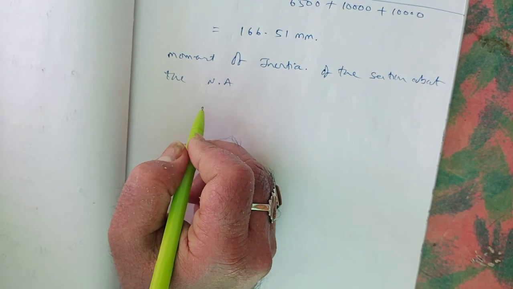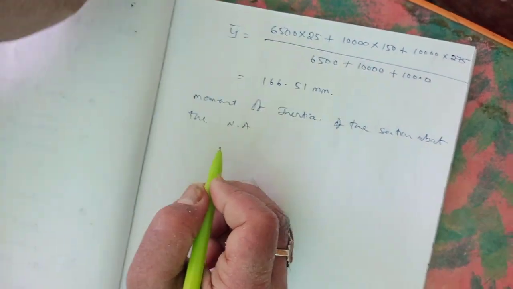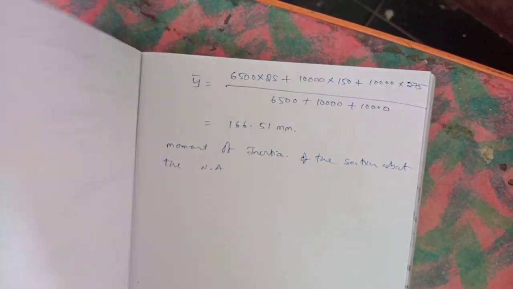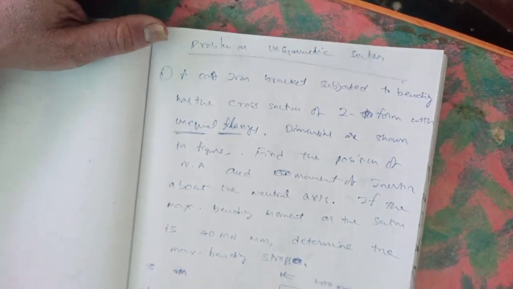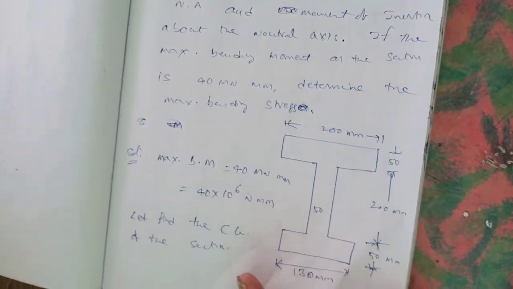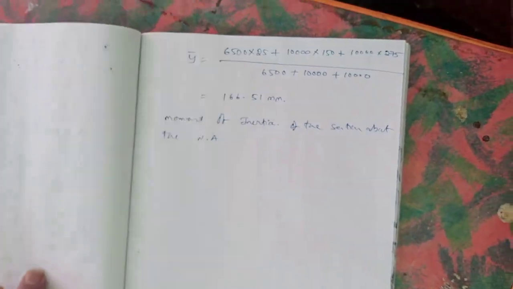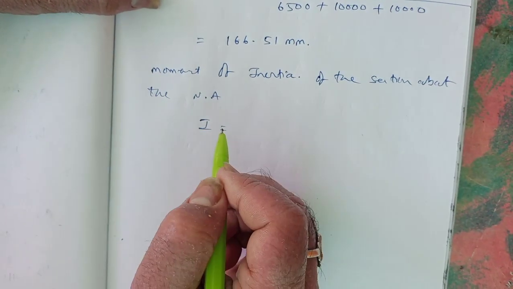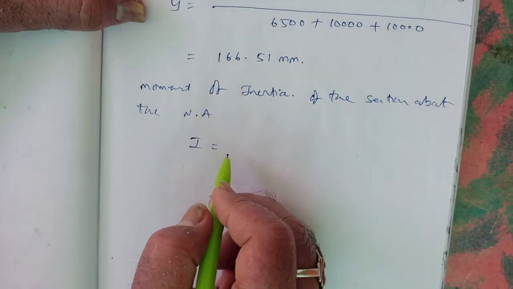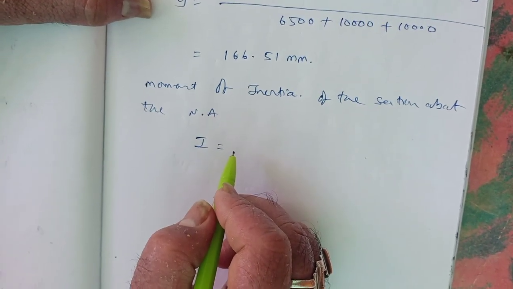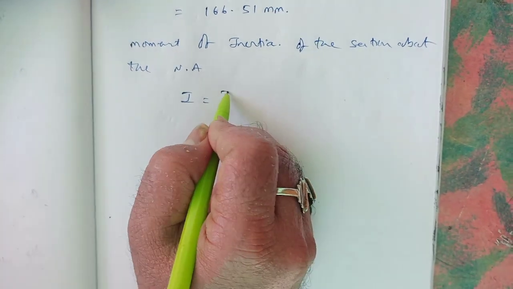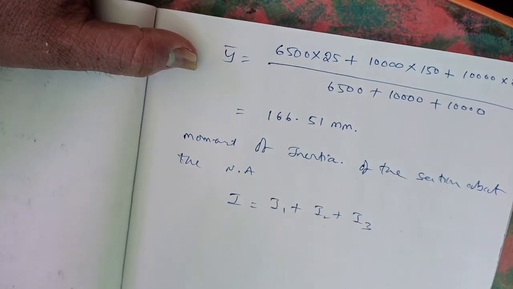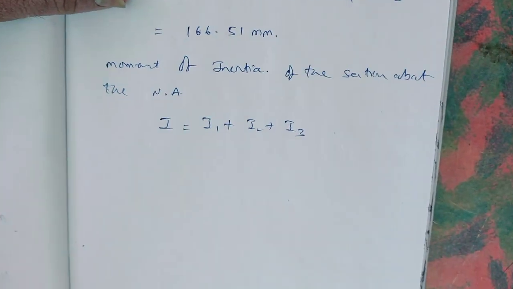Okay, so here we have divided the problem into three different rectangles. So we have to find the I separately for each and every rectangle, and we can add them. So I equal to I1 plus I2 plus I3.